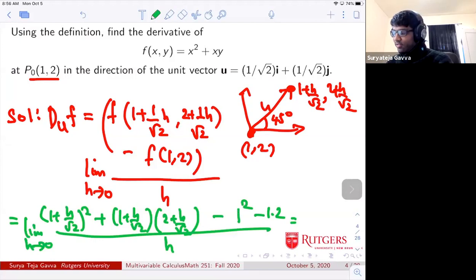Now just simplify. So can you tell me what you get if you simplify? Just simplify, cancel h, and just tell me the limit.